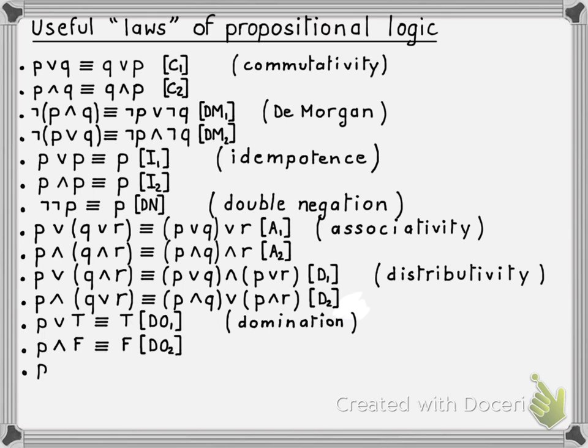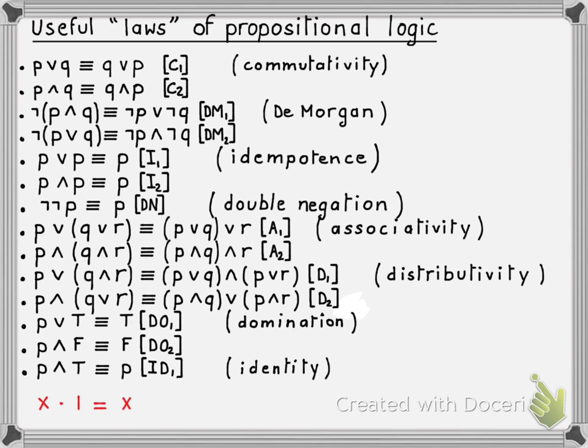Okay, now the last two logical equivalences are called identity laws. The first one states that P and true is logically equivalent to P. In other words, adding a conjunction with true never really helps, because what you get back is the original or first operand of the conjunction.